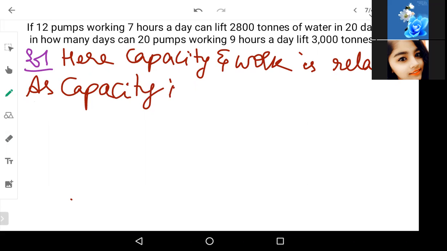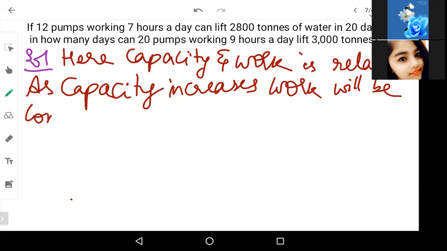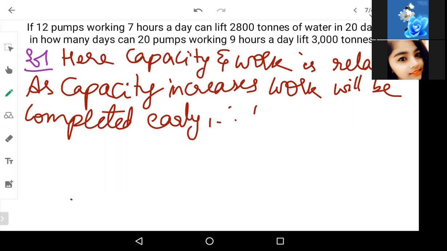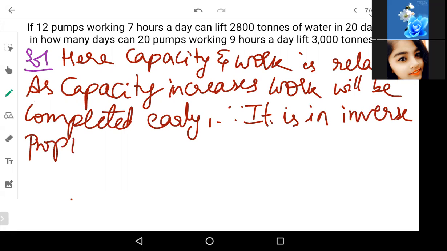So as capacity increases, work will be completed early. Therefore, it is in inverse proportion.